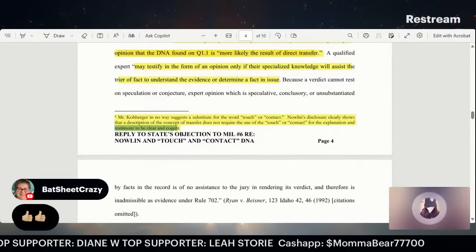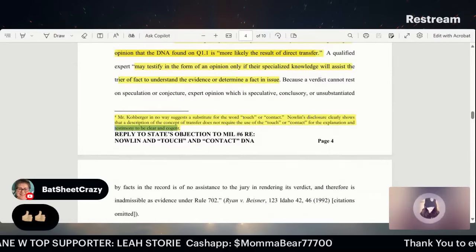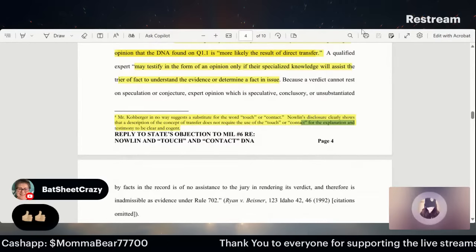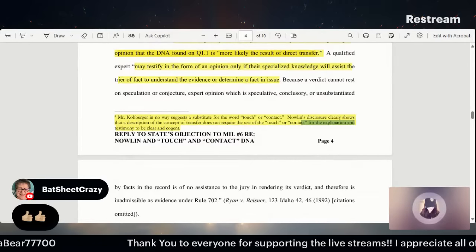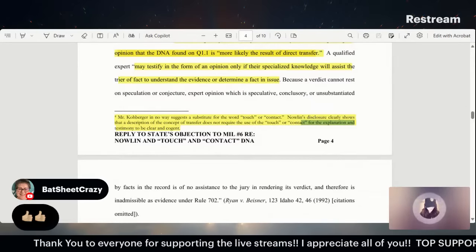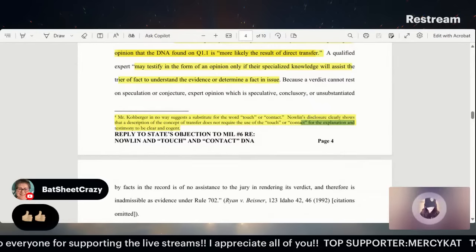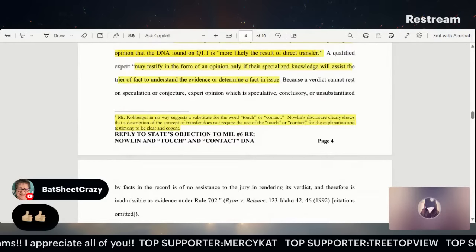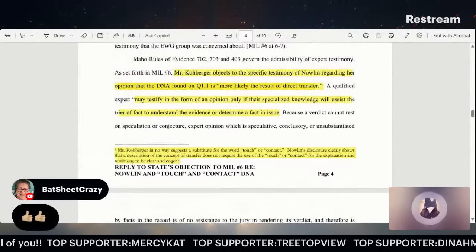So she did it before, right? She could give this explanation again, and it could be cogent. It could be clear, logical, and convincing without needing to use the word touch or contact, right? Let me pause here for a minute. Sound right, friends?